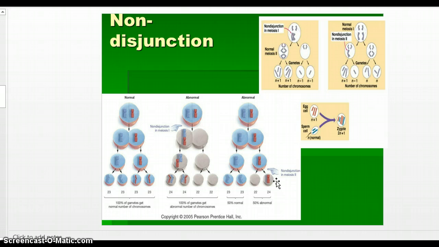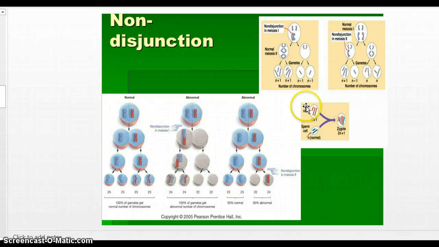So let's say we have the one with the 2 red chromosomes, that's the sperm, and it hooks up with an egg with a proper amount. You now have 3 of that chromosome, and you should only have 2 of that chromosome. And that's what the diagram up here is trying to show you again.